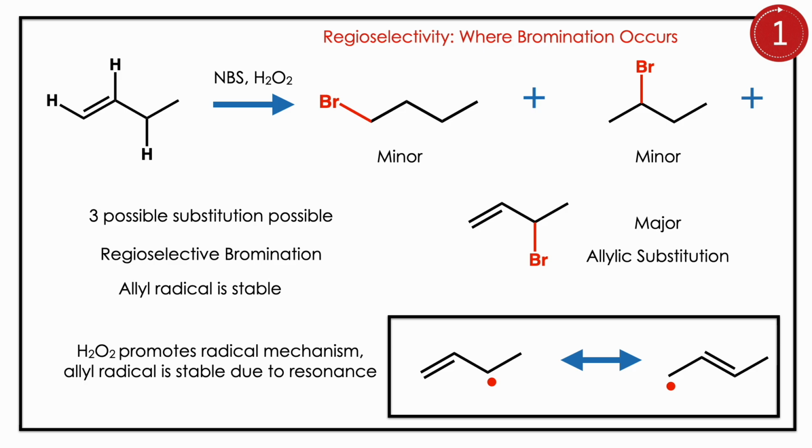In radical, allyl radical is stable. So allyl radical is more stable. Allylic bromination happens. Even though it has the 3 hydrogen removal possibility, only allylic hydrogen is removed because of allylic radical stability. The concept you have to learn here is N-bromosuccinimide in the allylic condition promotes the regioselective alpha bromination.